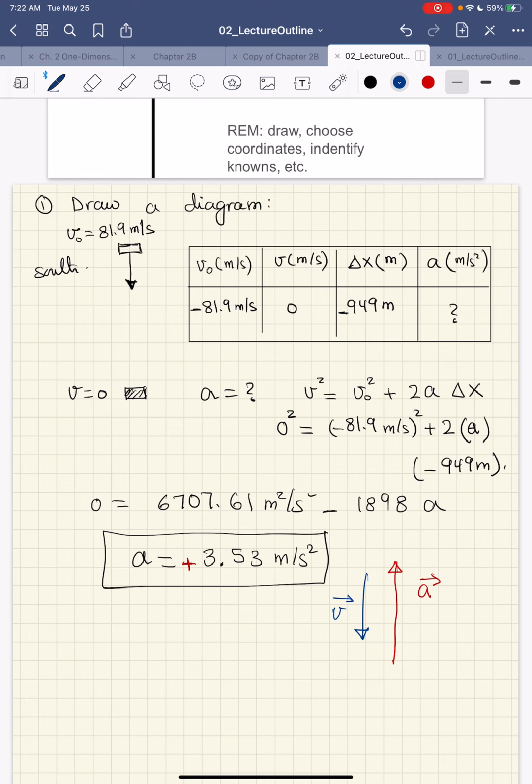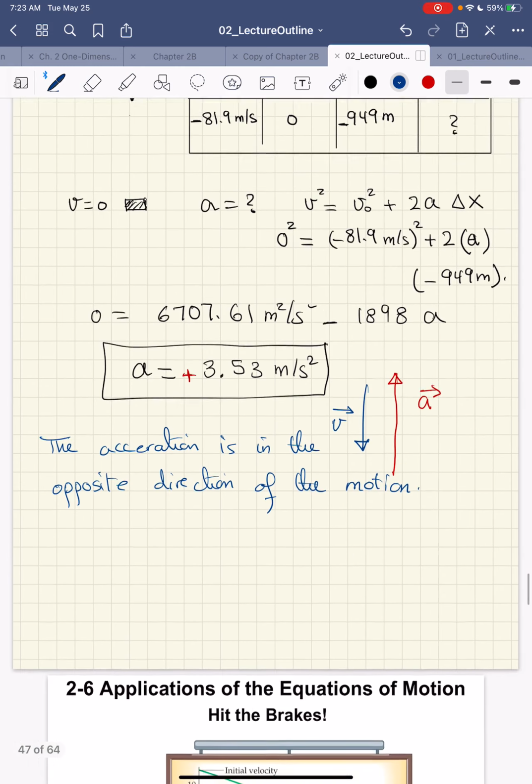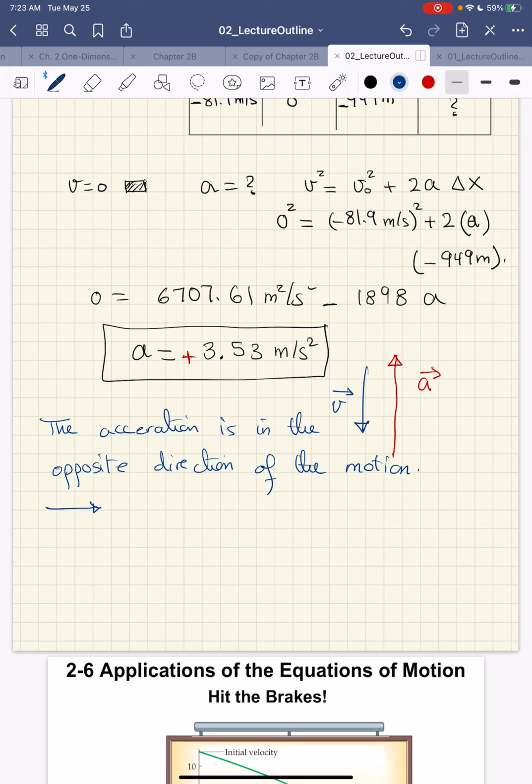This means that the acceleration is in the opposite direction of the motion, and this is why I will say velocity decreases, or speed decreases.